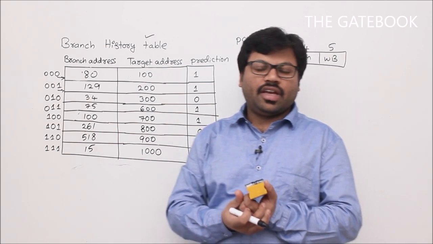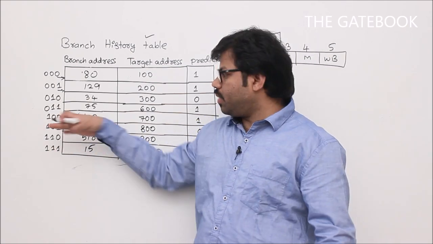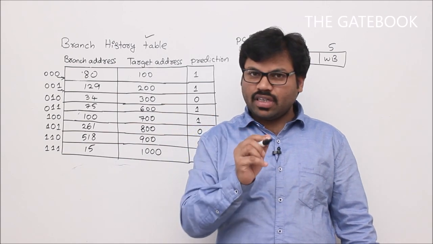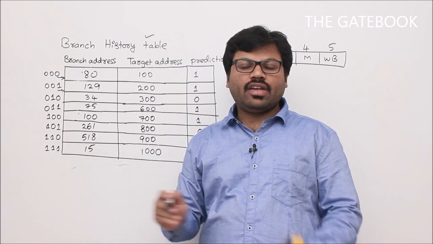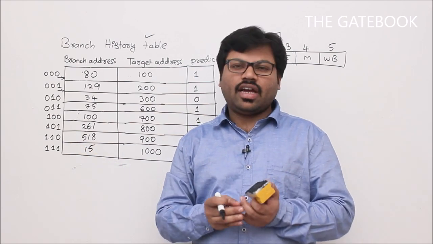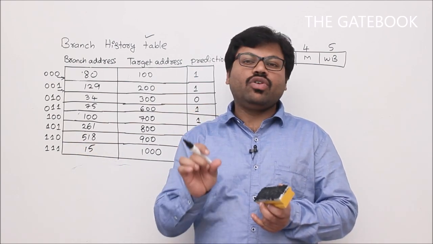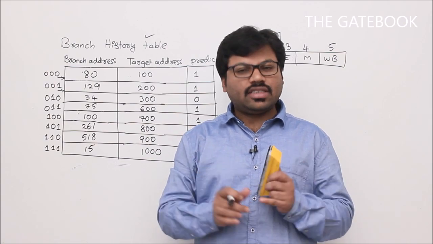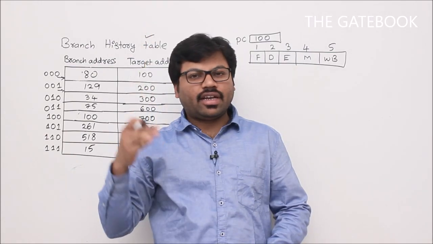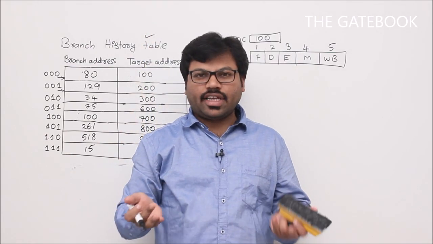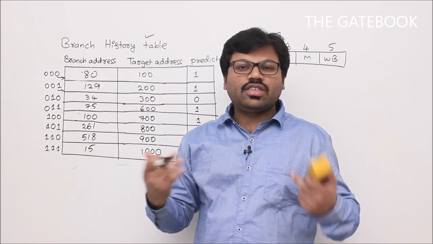Because every branch we cannot, since speed is important. Remember one thing: when you use fewer memory locations, the hardware cost will be less, and one more thing, it will give you faster access, because faster access is important, correct? If you have a lot of memory locations, it will take a lot of time, and within one clock cycle you may not fetch the data, then that's useless.